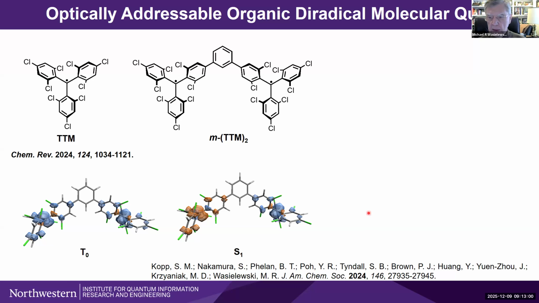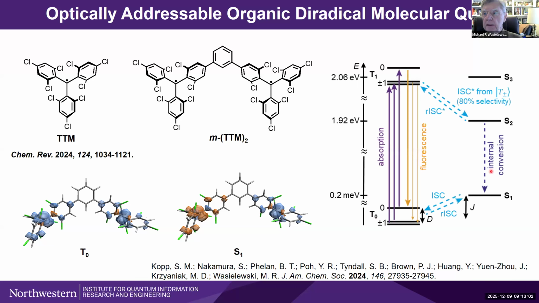Importantly, what we concluded early on was that this molecule has a similar energy level structure to the NV center. So the ground state is a triplet ground state, and we can photoexcite that to the triplet excited state. From Joel's computations, we predict about an 80% spin selectivity in this system going over to the singlet shelving state, which would then return to the ground state.